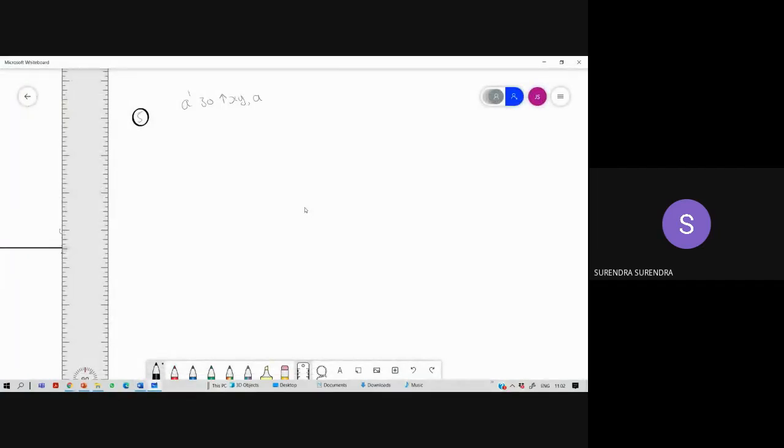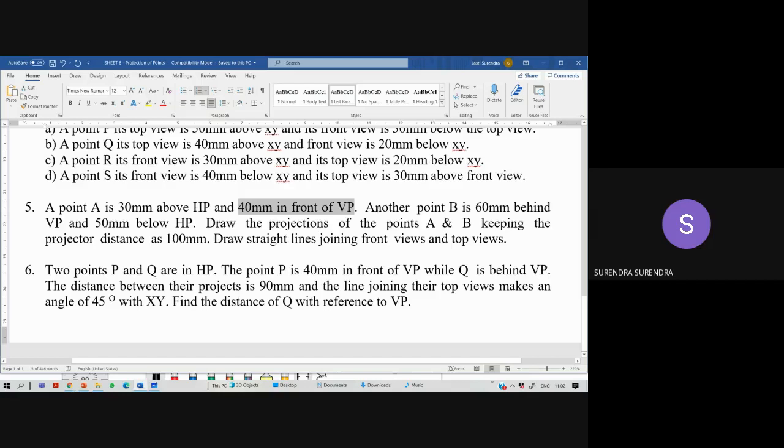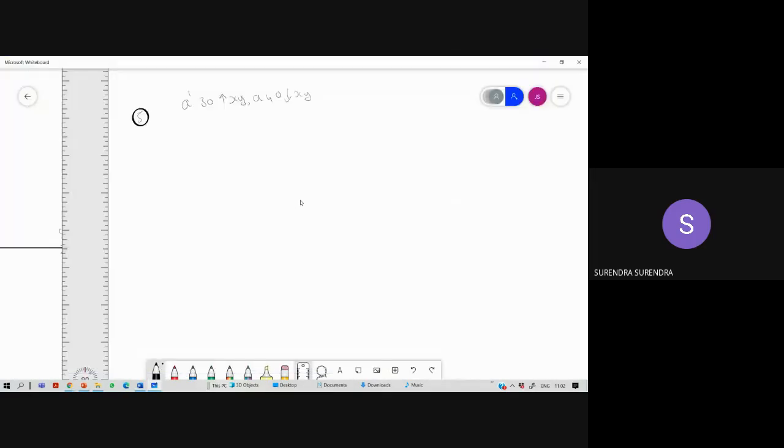Point A is 40 mm below XY line. And another point B is 60 mm behind VP. VP indicates top view relation. So 60 mm behind means top view above XY line.